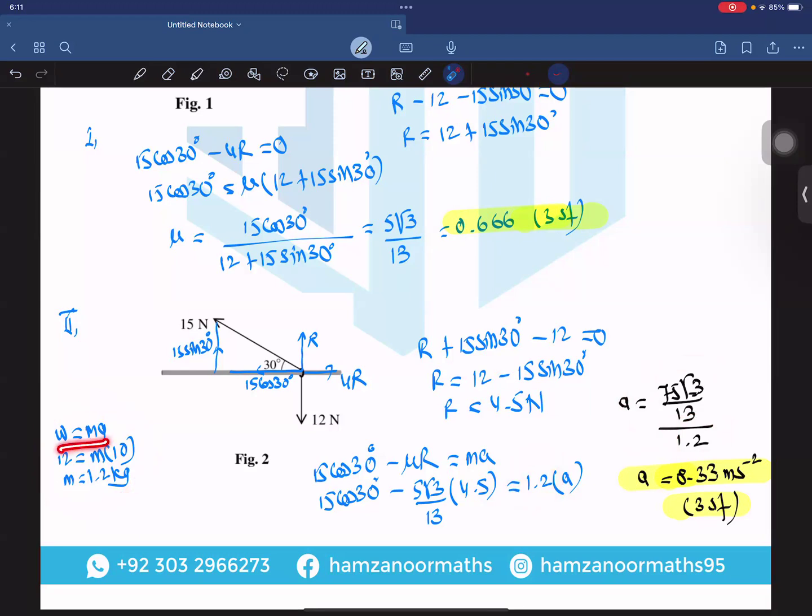Since weight is equal to mg, and in Cambridge mechanics we take g equal to 10, and the weight is given to us in the question, the mass is 1.2 kg. So you need to be careful when the mass is given to you and when the weight is given to you.